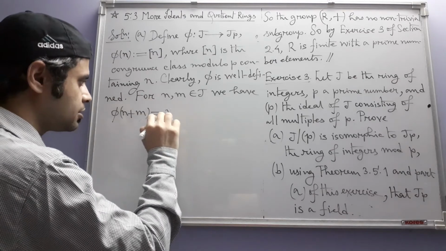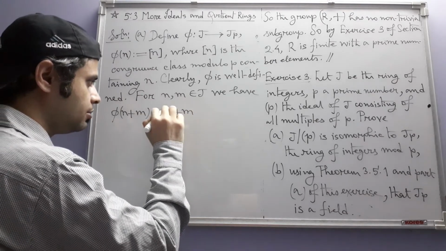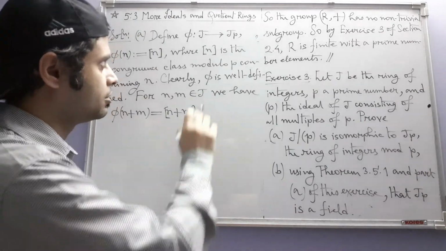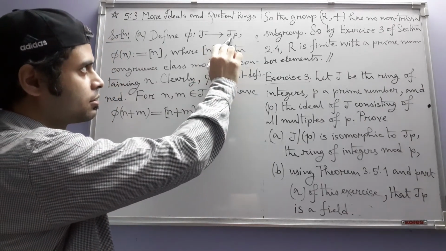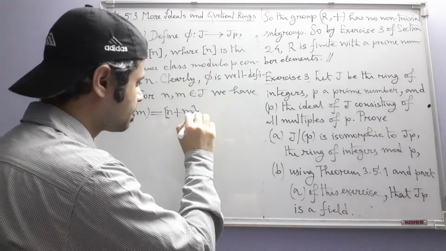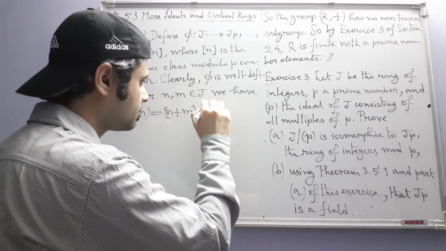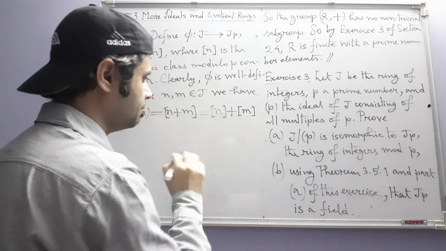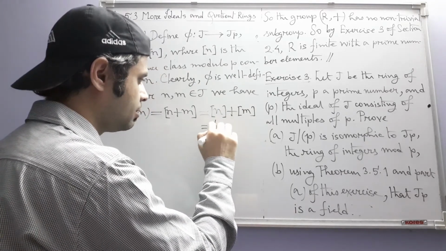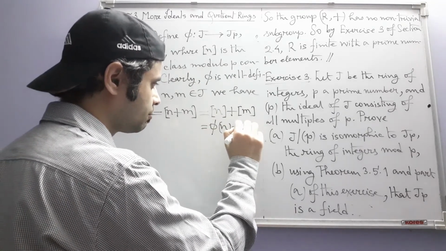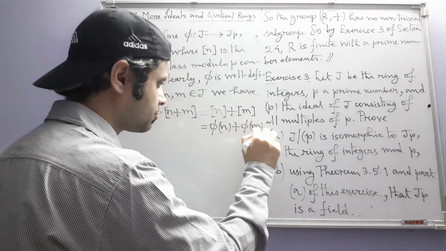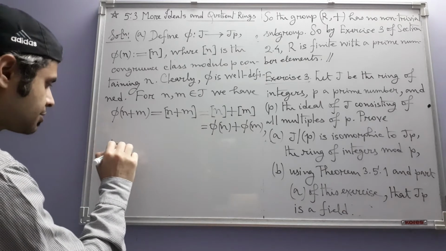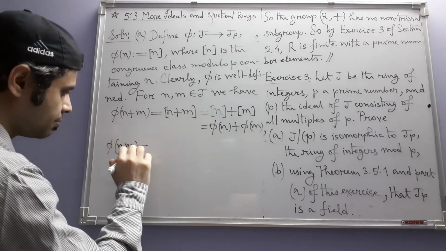By definition, this is the congruence class containing n plus m, and by the definition of addition in this ring J_P, this is nothing but the class of n plus the class of m. So this is phi of n plus phi of m. So phi respects addition. Like that, phi respects multiplication as well.